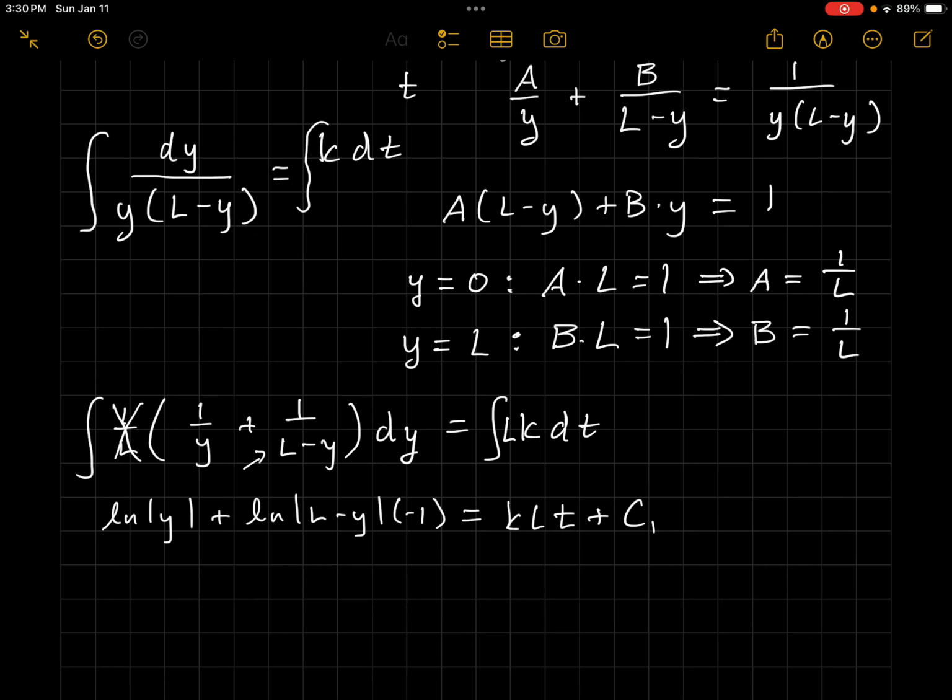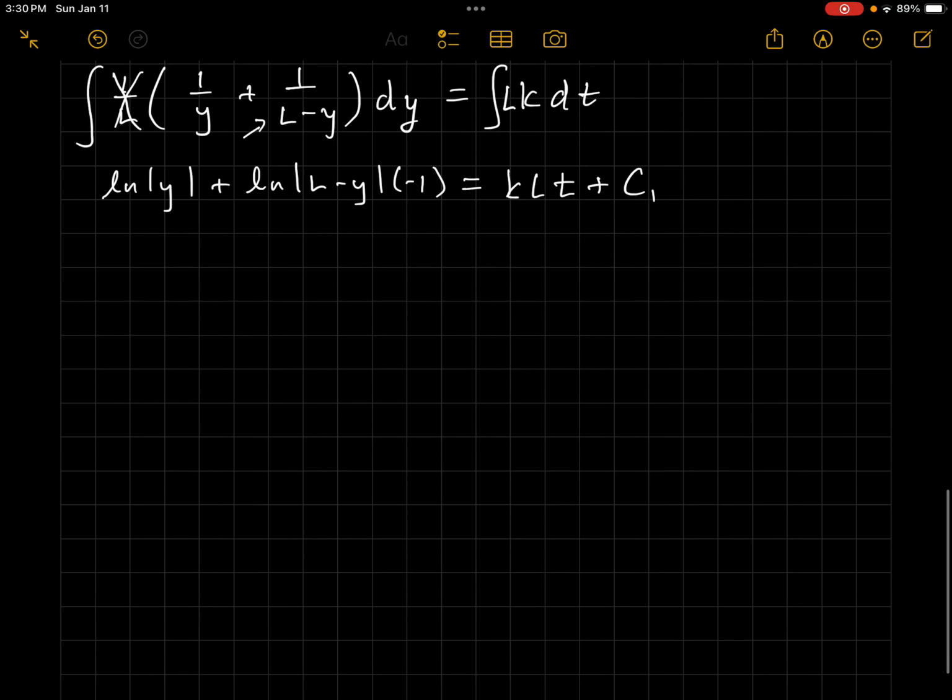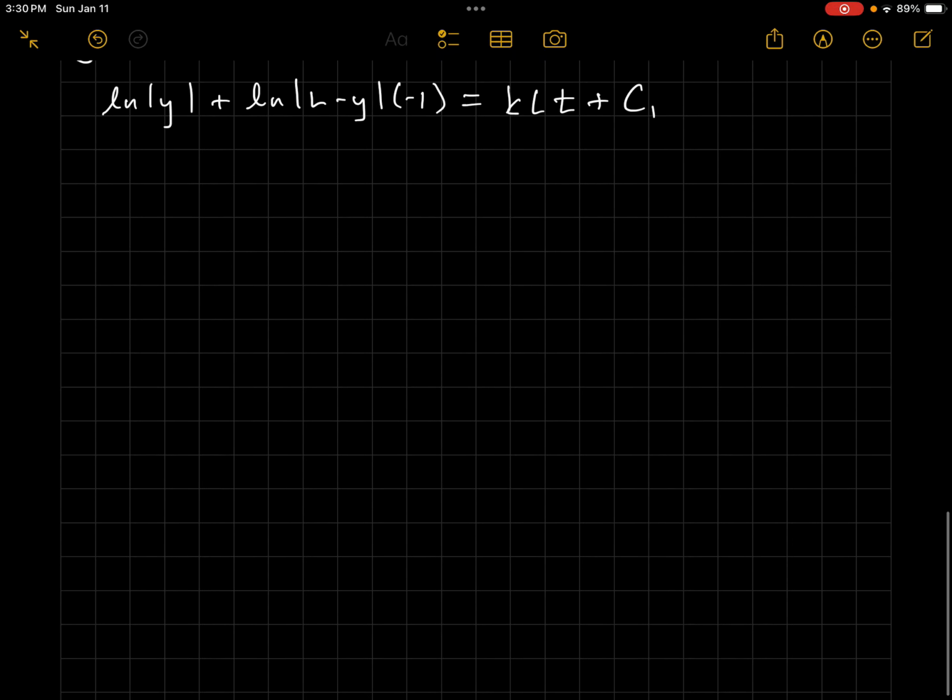Now, we're going to do some algebra. It's going to take a little while because our final goal is to solve for y. That is, get y alone. What does y equal? I'm going to rewrite the left side as natural log of y over L minus y using properties of logs, and just rewrite the right side.